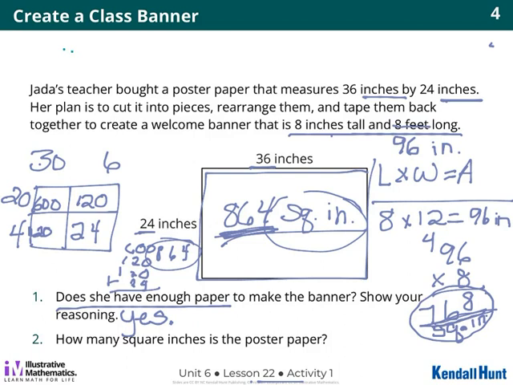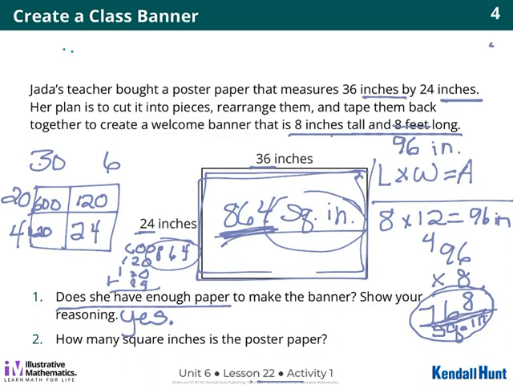Why are you saying no, Gage? She's starting with this big chunk. And then she wants it to be 8 inches tall and 8 feet long. The area of that would be 768. 768 is less than 864. Okay, Brooks.